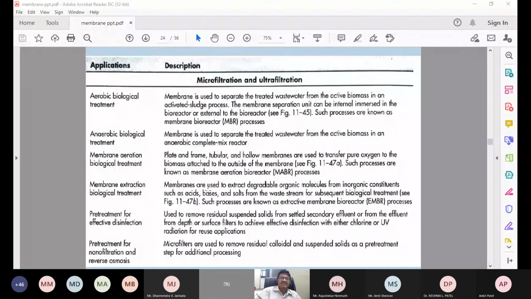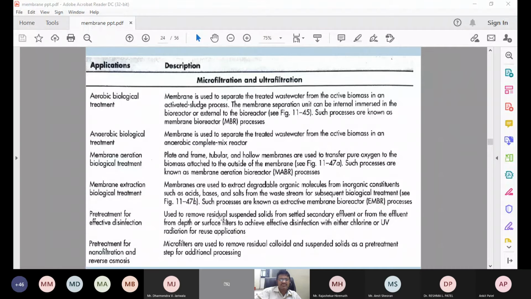Then pre-treatment for effective disinfection. Before disinfection we have to remove the suspended solids or other organic solids. Why? Because if you do the chlorination without removing the solids or the macrosolids, there are some compounds which are formed with the reaction with the chlorine.